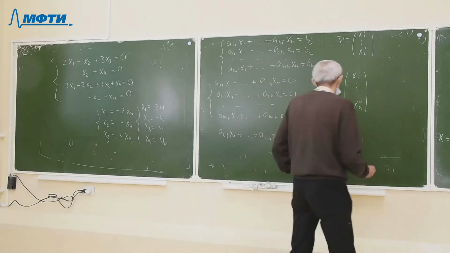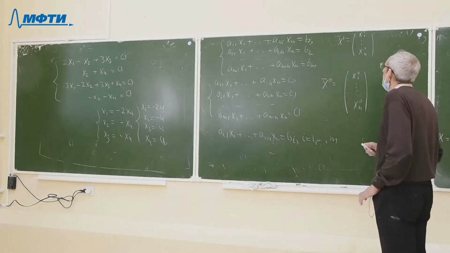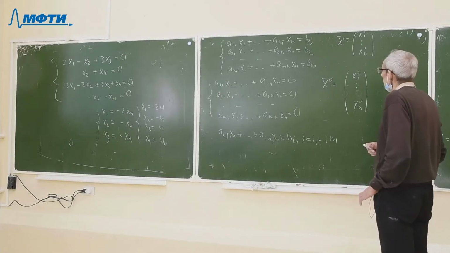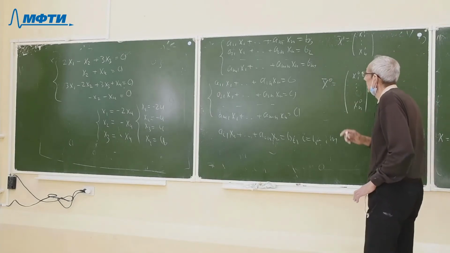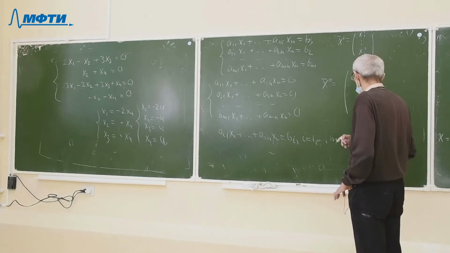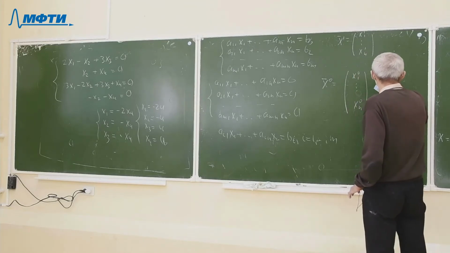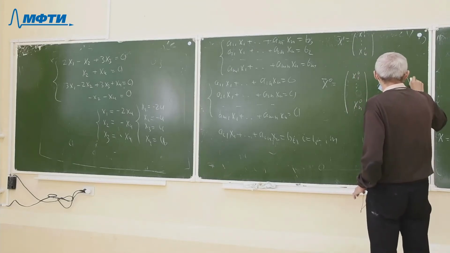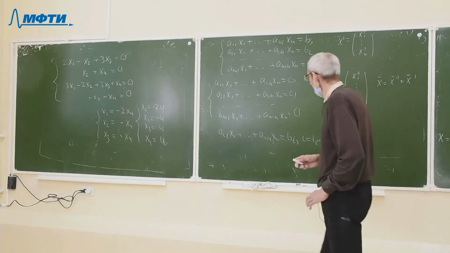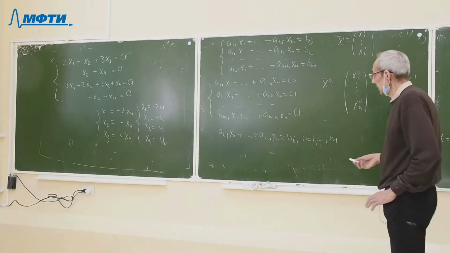And consider the sum of the solution of the homogeneous system and the inhomogeneous linear system. Let x be the sum x0 plus x1.